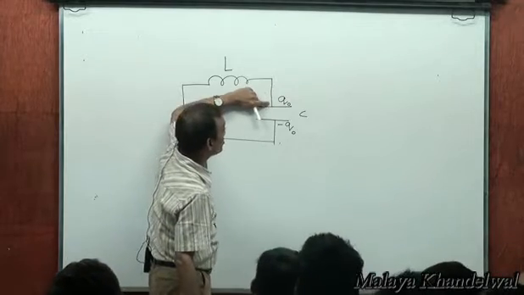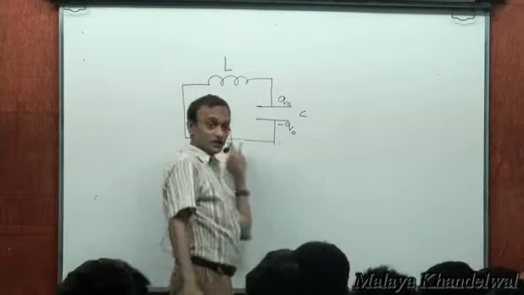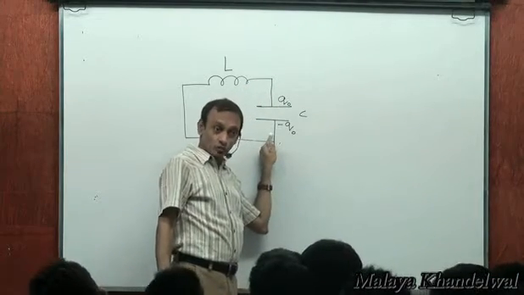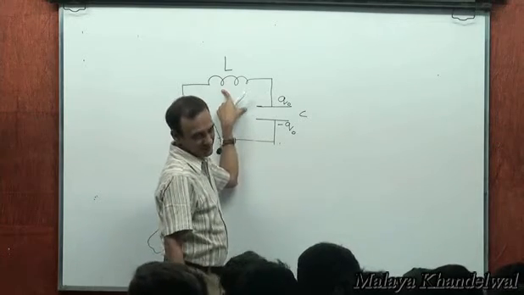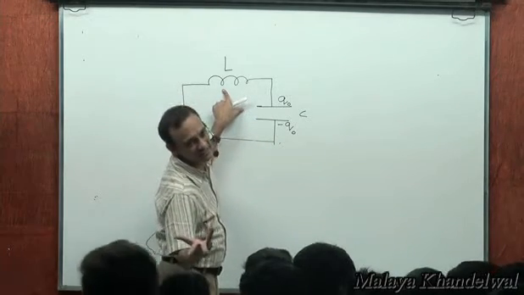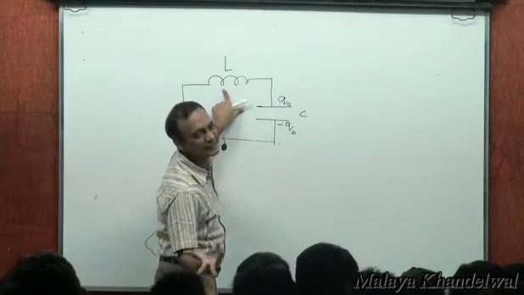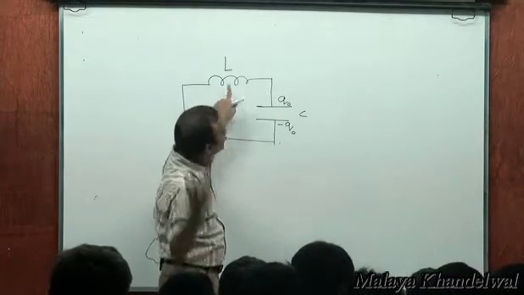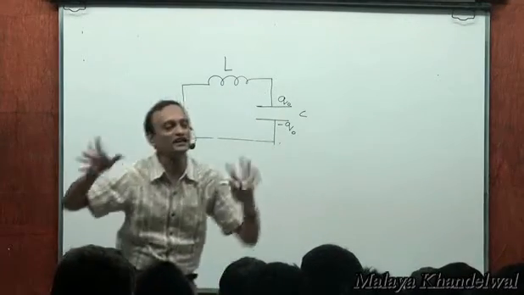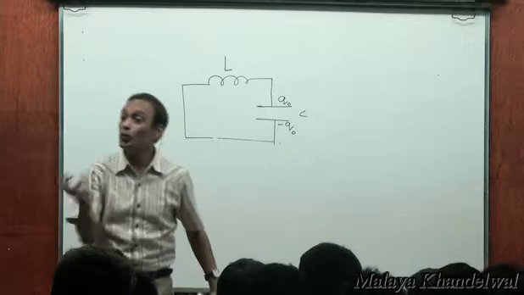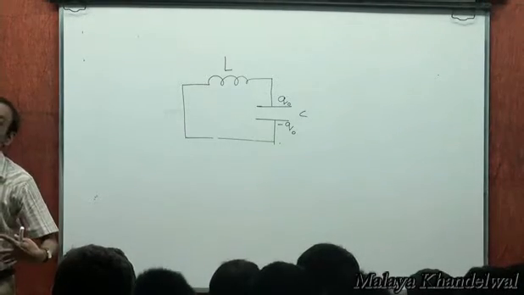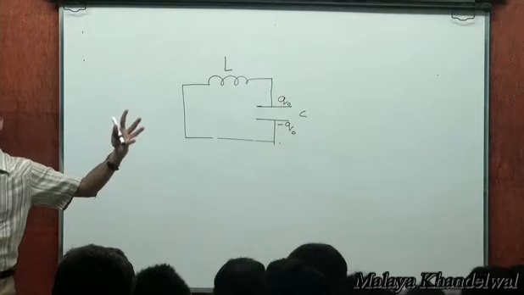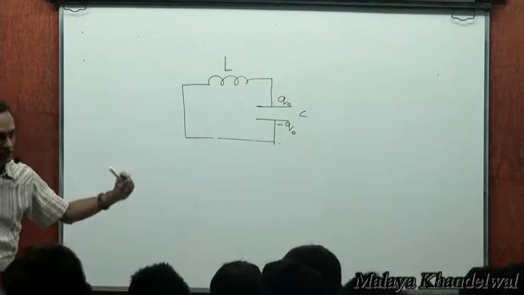So there would be something that would want to drive the current this way through the inductor element, and the inductor would want to oppose that. So this will produce a dI/dt in the circuit. If a pre-charged capacitor is connected to an inductor in a loop, then there would be a current characteristic associated with this circuit.